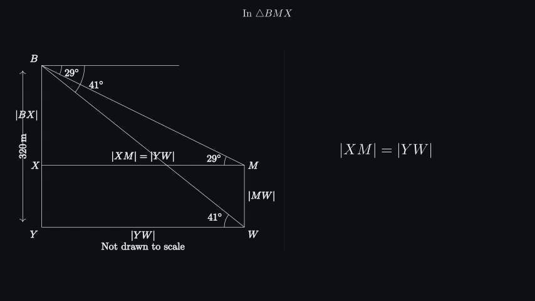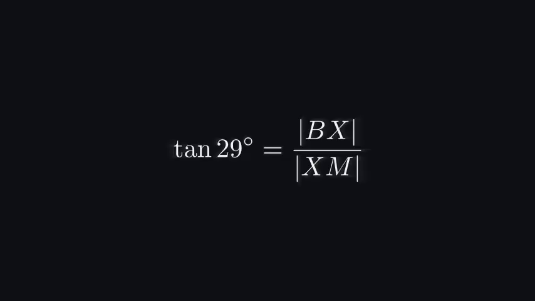Be careful, length of BX is not the height of the other building. With respect to the 29 degrees angle at M, length of BX is opposite and length of XM is adjacent. So the vertical difference between the two building tops is 204.0515 meters.